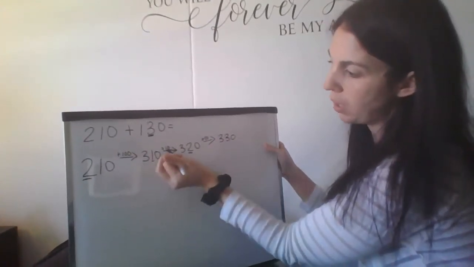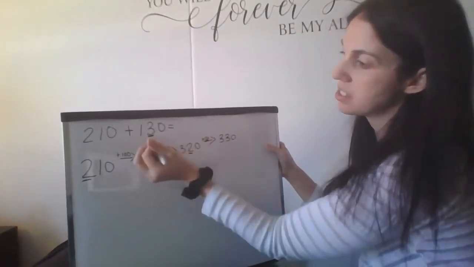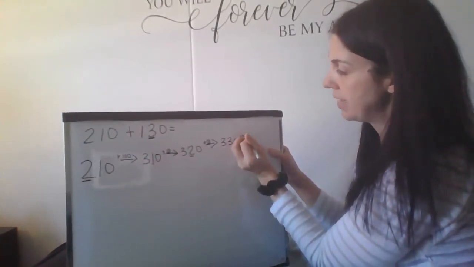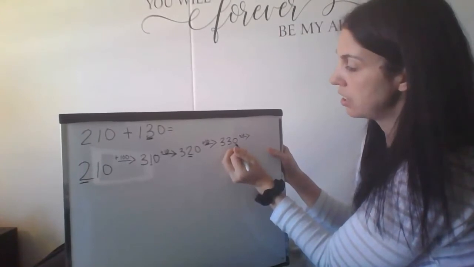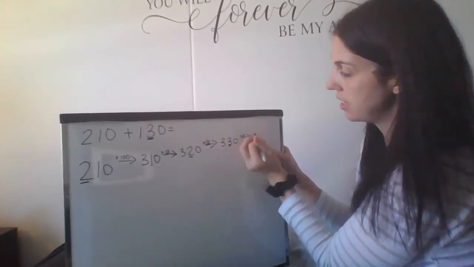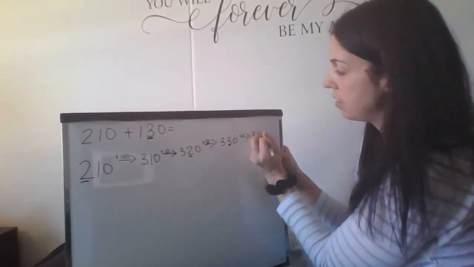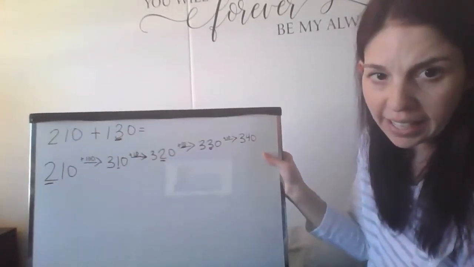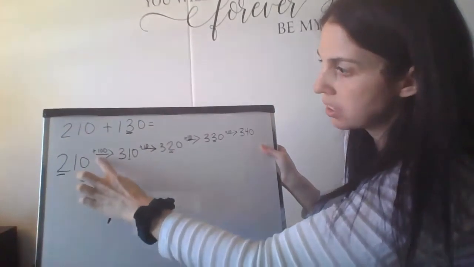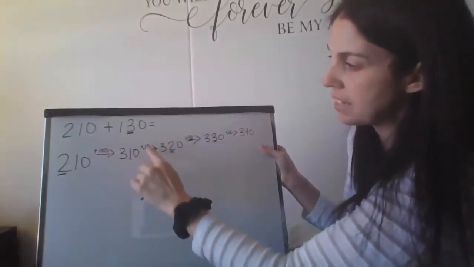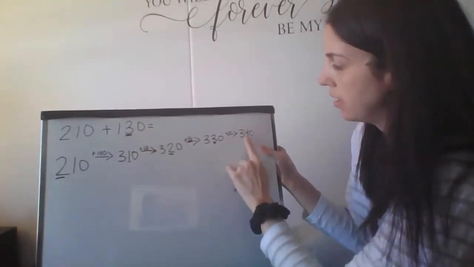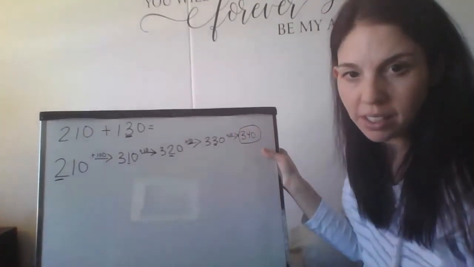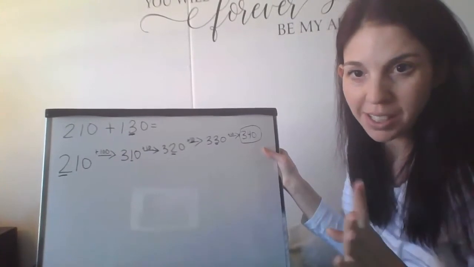So I went up 1 ten, 2 tens. I need to go up 3 tens. So one more 10 is going to give me 340. Now I'm going to double check. Did I go up 100? Yep. Did I do 3 tens? 1, 2, 3. Yep. So here's my answer. Okay?